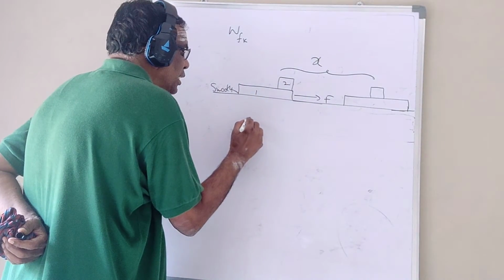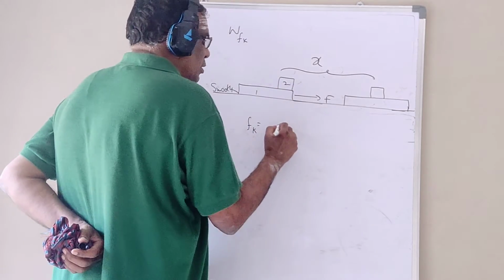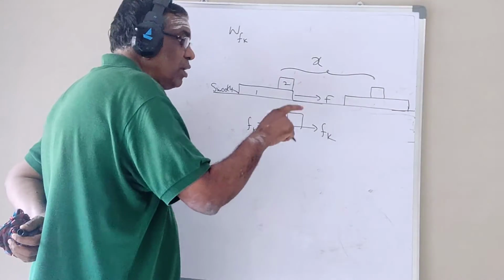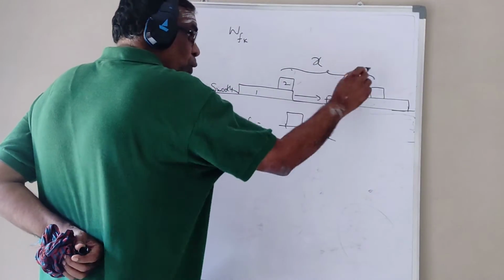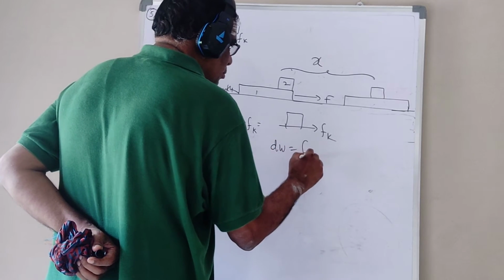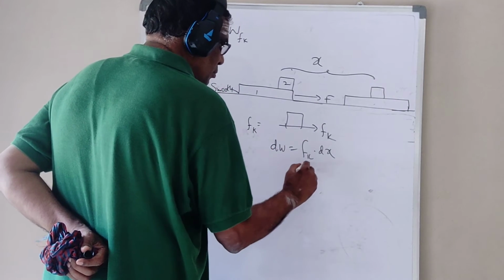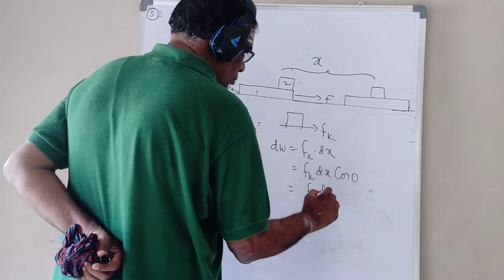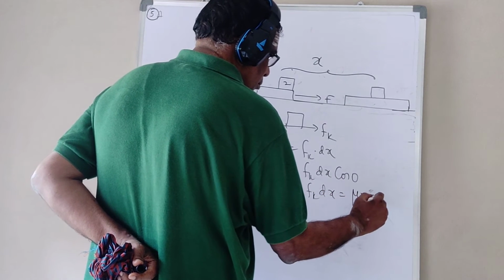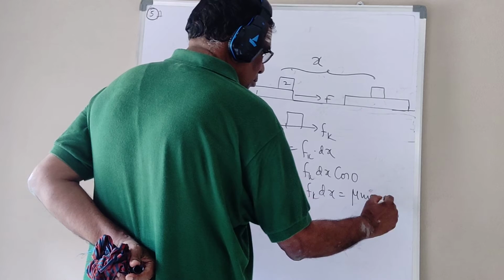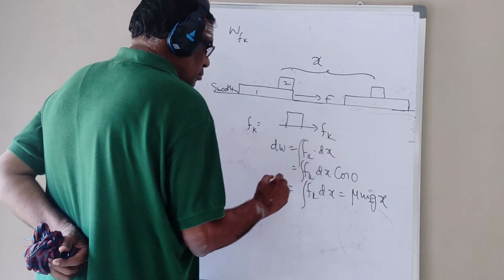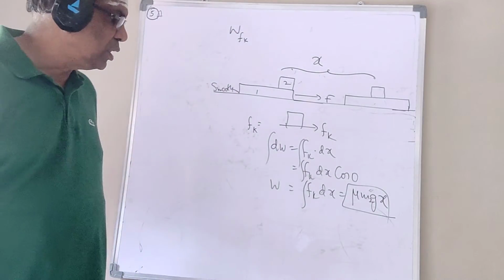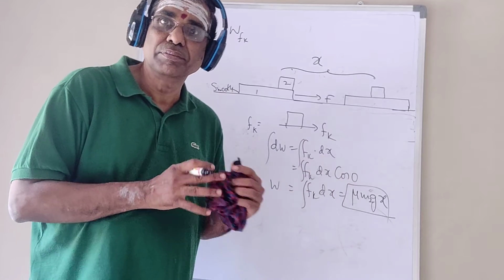How does frictional force act on Fk? That is Fk. Forward displacement is this. So both are in the same direction. W is equal to mu N g x. Positive.